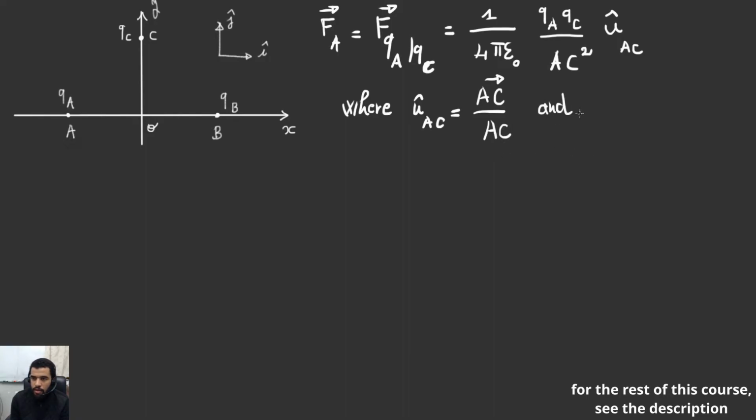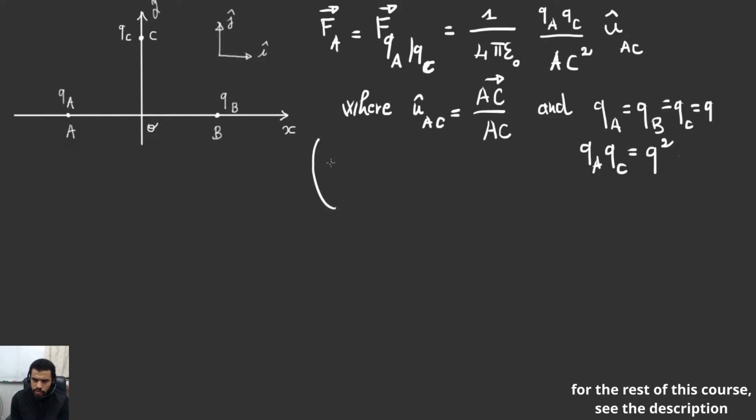And because the charge QA equals the charge QB equals the charge QC equals Q, that implies QA times QC equals Q squared.